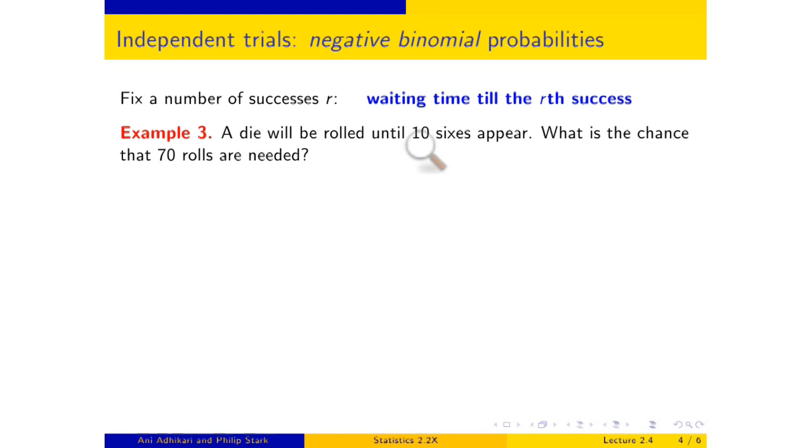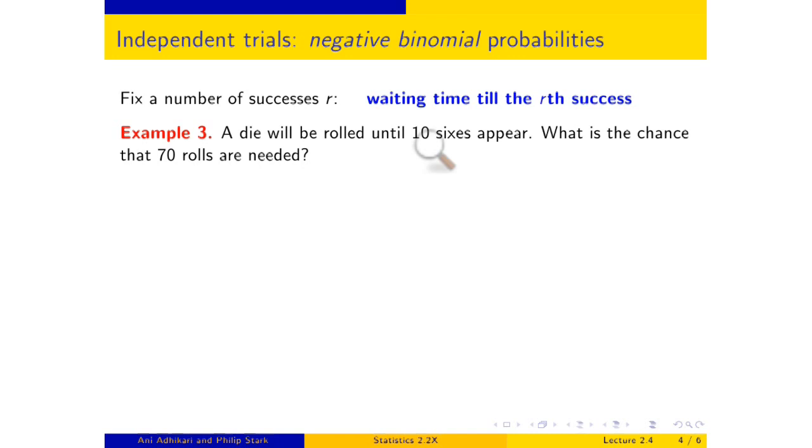Well, let's recap what we did in the previous case. We said, well, that last roll, it has to be a 6. I think the same thing is true here. If 70 rolls are needed to get that 10th 6, then roll number 70 must be a 6. What about rolls number 1 through 69? Well, they don't all have to be 6s, certainly. They are not going to be all 6s.